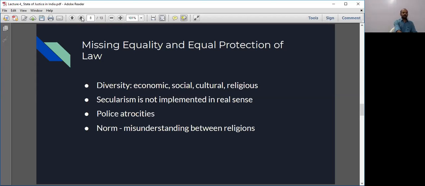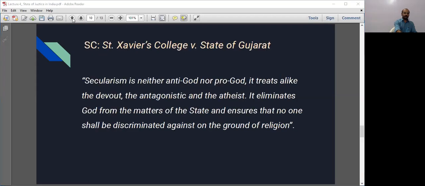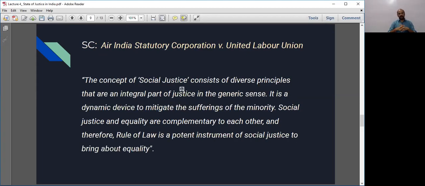Okay, and therefore for this I would like to quote two judgments from the Supreme Court, and there is one more judgment which I will try to quote. In Air India Statutory Corporation versus United Labour Union, the Supreme Court said that the concept of social justice consists of diverse principles that are an integral part of justice in the generic sense.